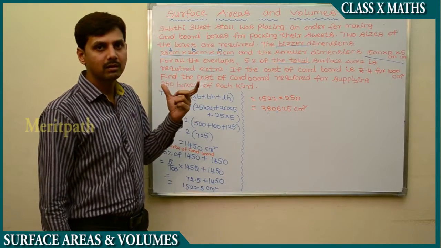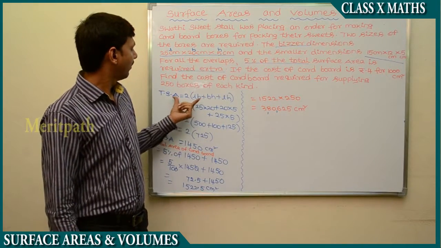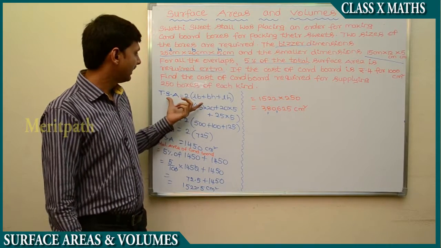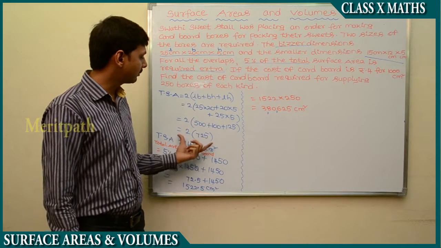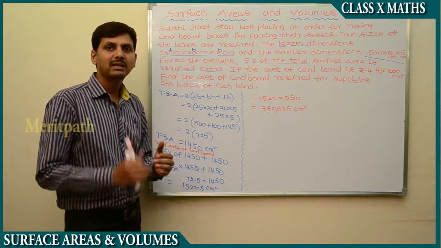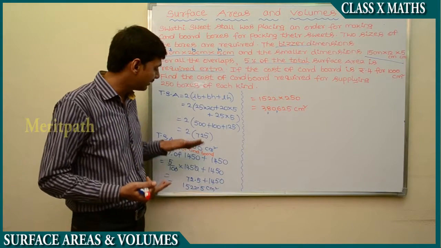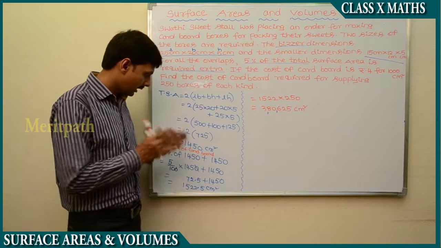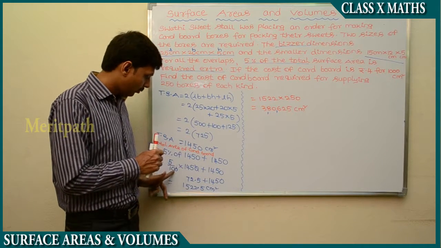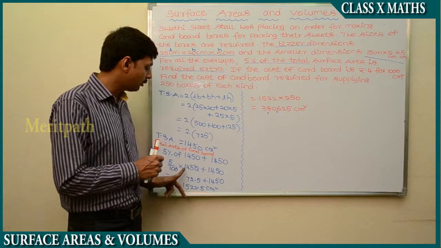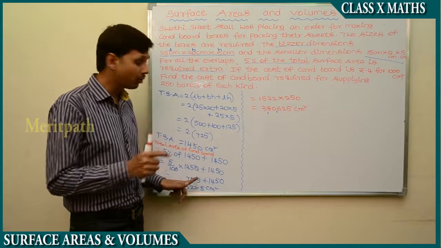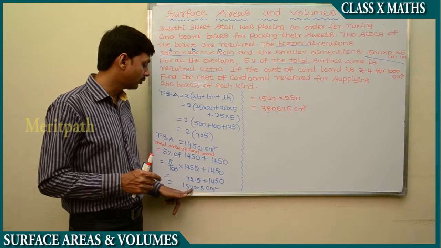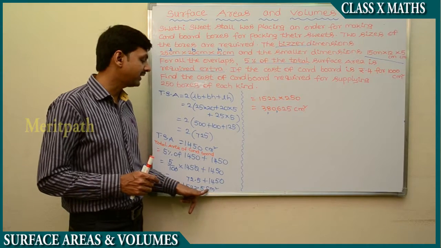So let's recall what we have done. We took TSA for the larger, bigger dimensions. We substituted in the TSA formula and got 1450, but 5% extra cardboard is required. So 5% of 1450 plus 1450: 145 by 2 is 72.5, plus 1450, we got 1522.5 centimeters square.